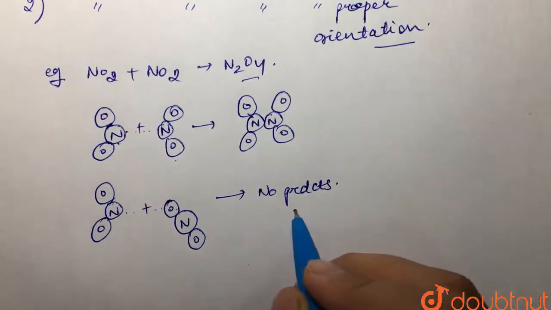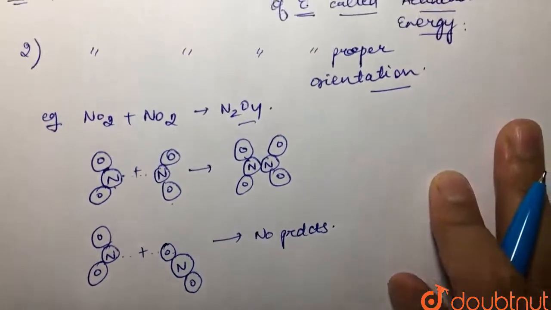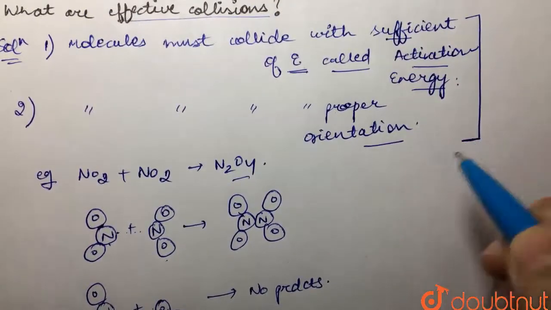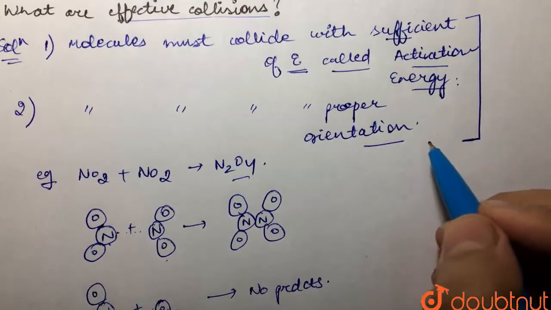So the collision that meets these two criteria that we talked about, and that results in a chemical reaction, is the effective collision.